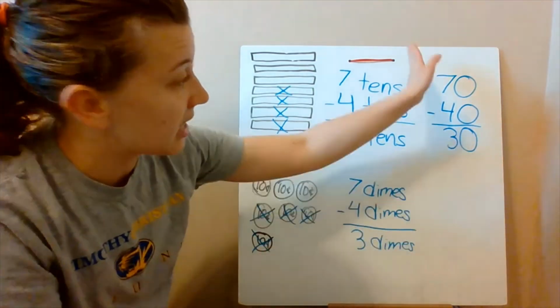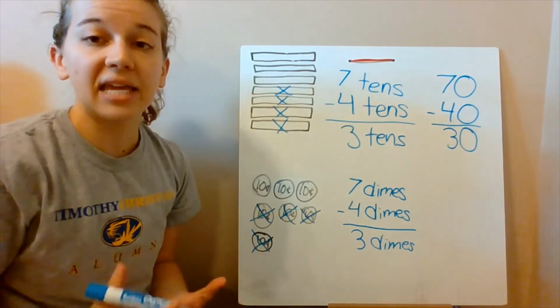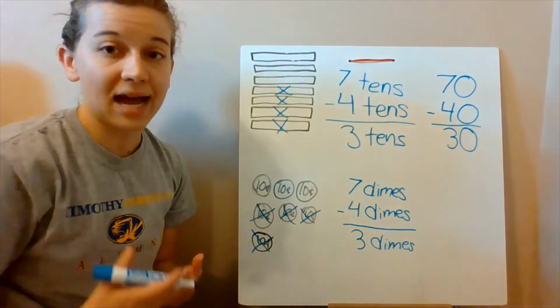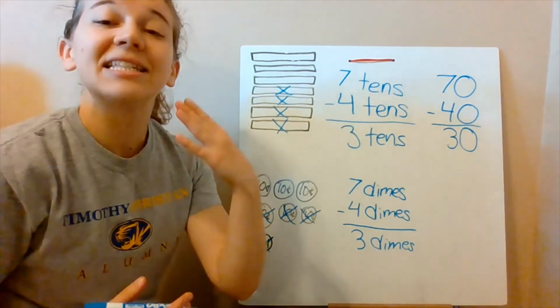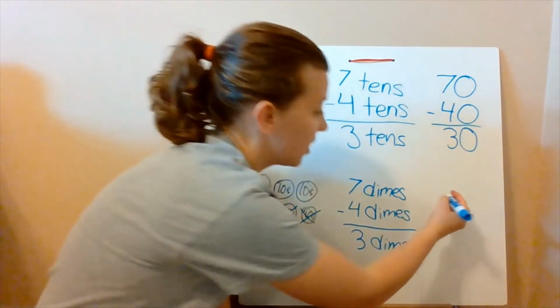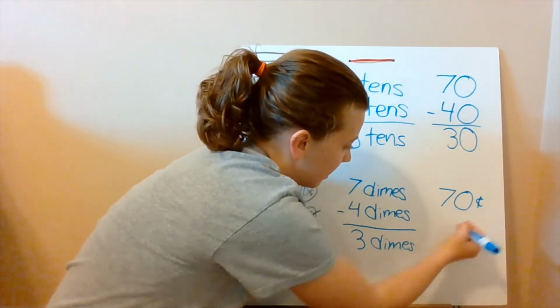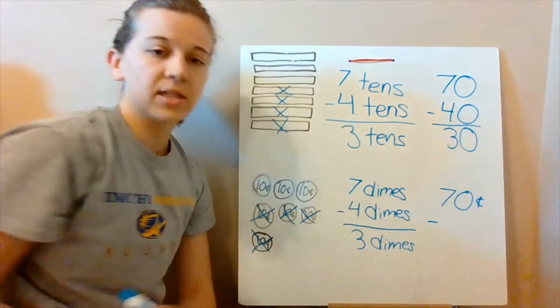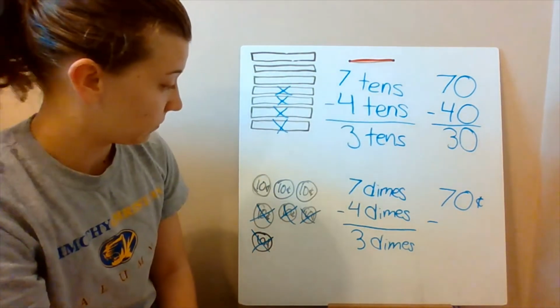Now let's translate it into just numbers. 7 dimes, how much does that equal? How much cents? 70 cents. Very good. So 70 cents. Then we're subtracting, so we have our minus right there. And then how much is 4 dimes equal to?